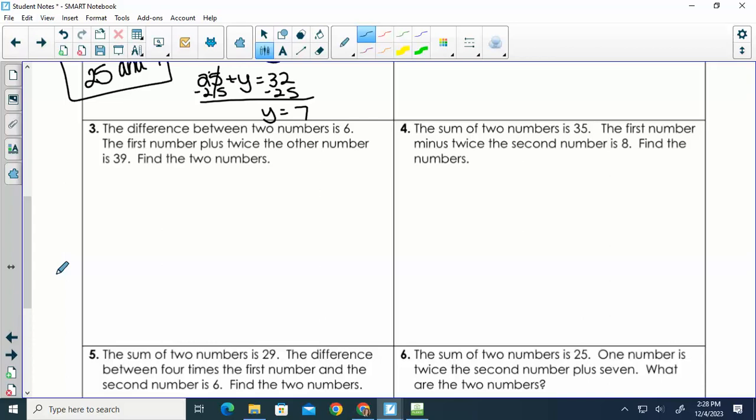The first number plus twice the other number is 39. Find the two numbers. All right. So what am I trying to find on this? What's the two numbers? So those are my x and y. Okay, you have to write that part to get points.